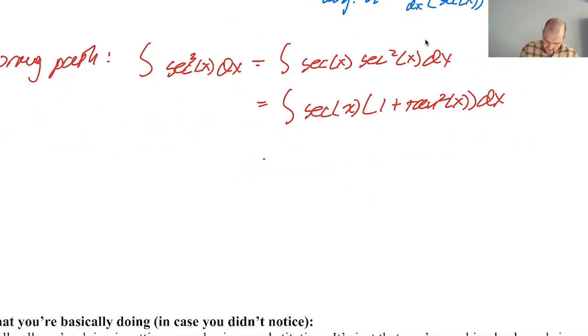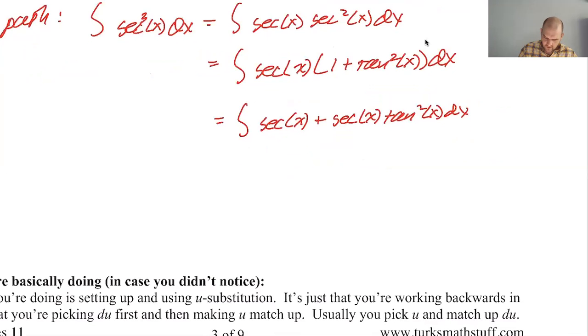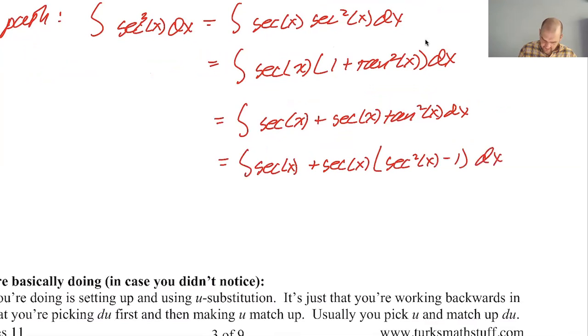And so this is going to be the integral of secant plus secant tan squared dx. And then you're like, oh, I got tan squared. So if you have tan squared, you can replace that with secant squared minus 1. So you get secant plus secant times secant squared minus 1.